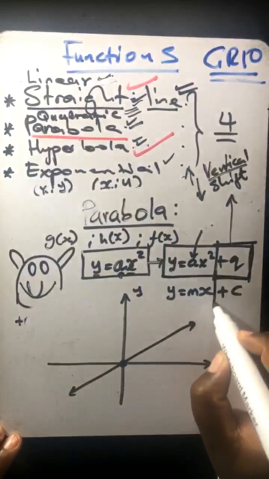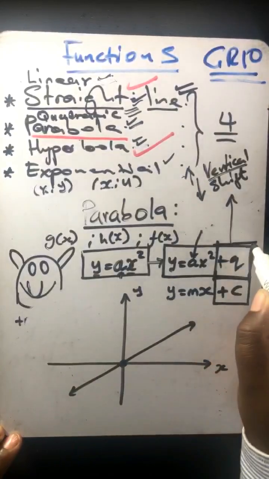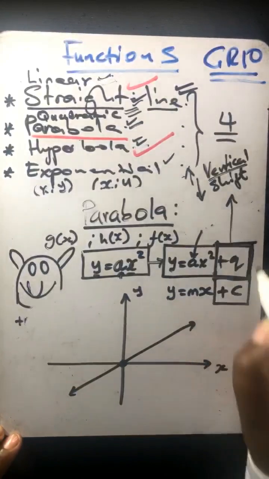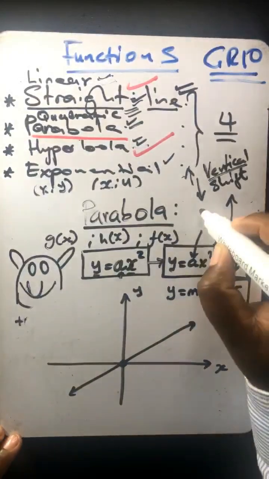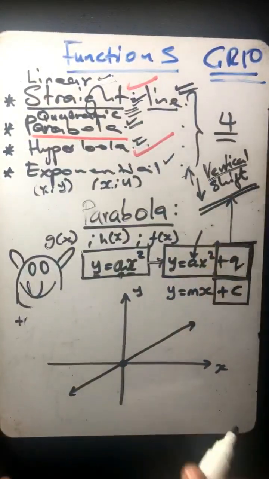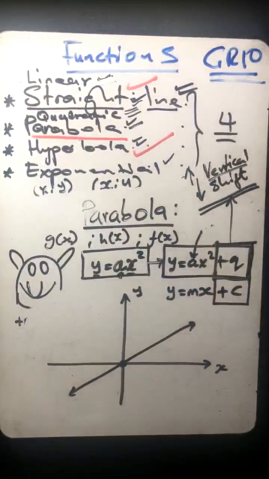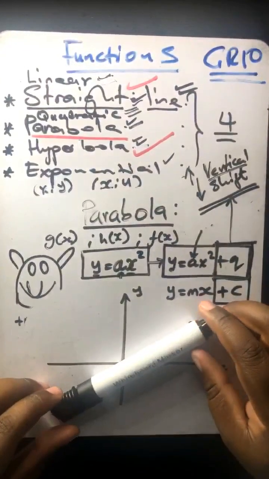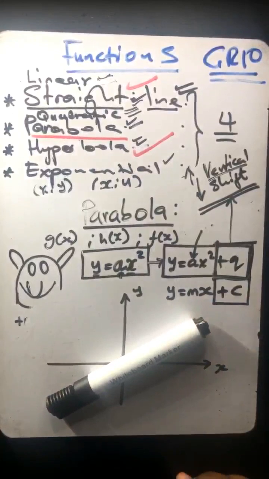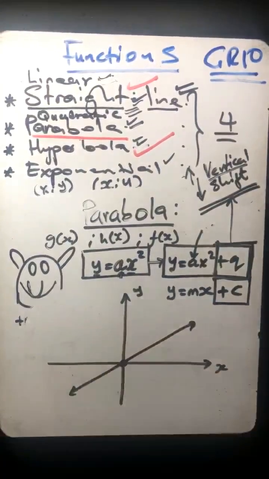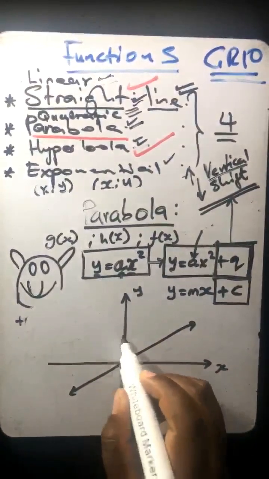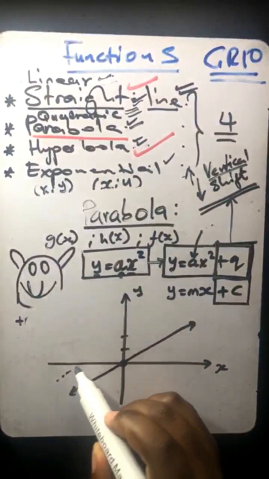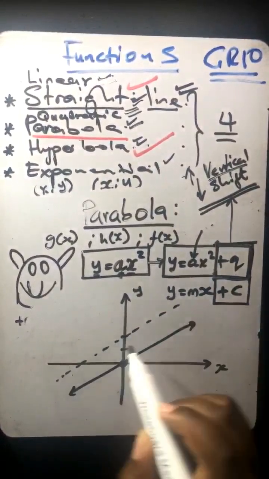This c has the same purpose as q, the vertical shift. So what I mean by that is that if you have a straight line passing through the origin and we shift it by 2 units upwards, then it's going to shift by 1, 2. Then it will be passing in that same angle, but passing through that point.